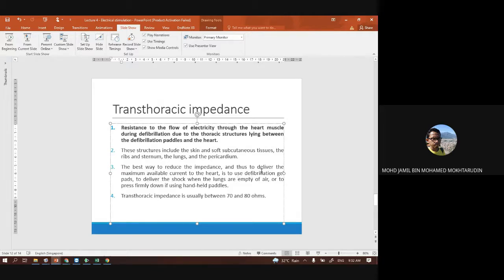To do this, we doctors usually apply gel, or gel pads. On the pads, the doctor usually puts a gel, and this gel reduces the impedance.